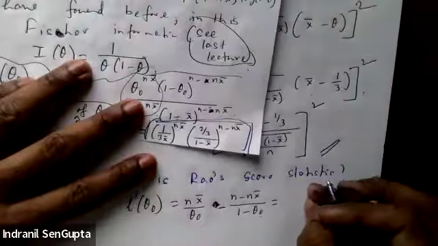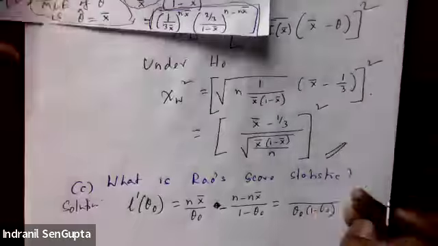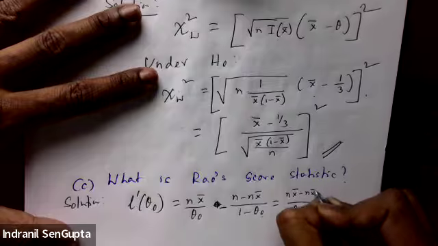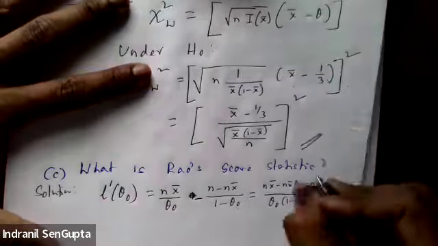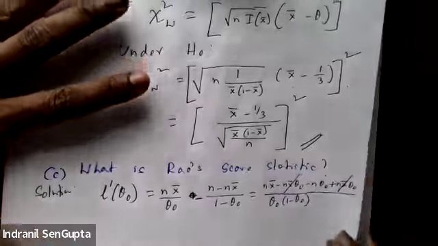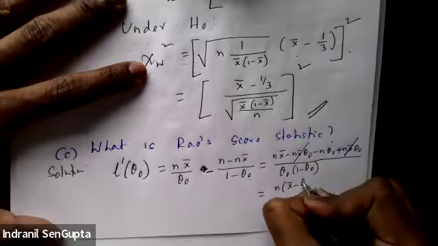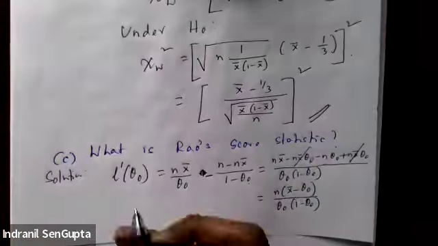In other words, I can compute this as theta 0 times 1 minus theta 0 in the denominator. So this is n x bar minus n x bar theta 0 minus n theta 0 plus n x bar theta 0. So what we ended up with is really n times x bar minus theta 0 over theta 0 times 1 minus theta 0. So that is L prime of theta 0, and the rest are known.